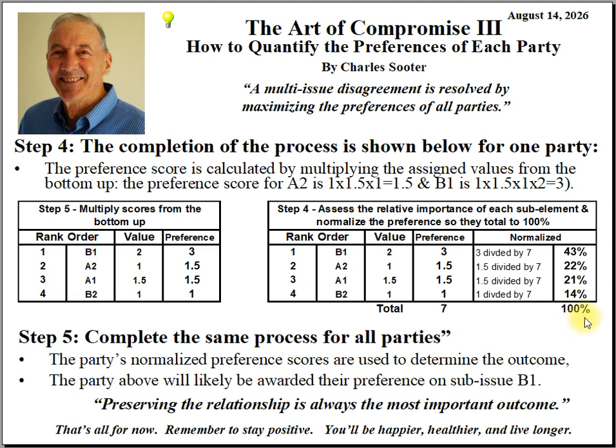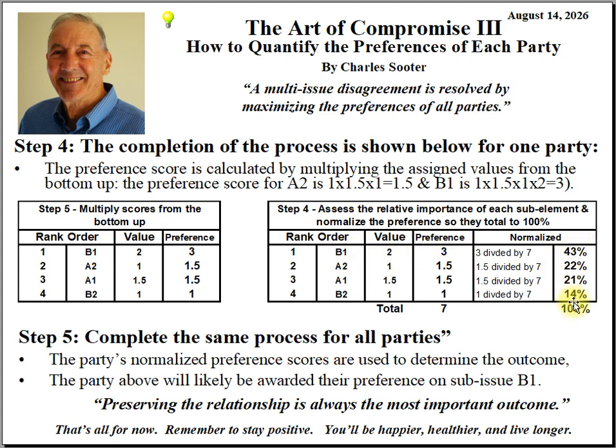Now, here's what we can conclude: according to this party, B1 is most important and B2 is least important. So there's a good chance that this party will get allocated their preference on B1.